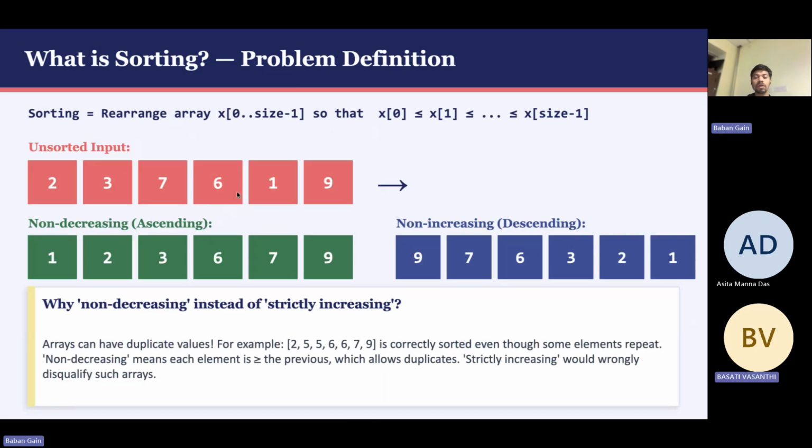Obviously they're not sorted. So how to make it sorted? Sorted can be two ways. One can be like 1, 2, 3, 4, 5, which is increasing order, which we call ascending, and it can be like 5, 4, 3, 2, 1, which we call descending.